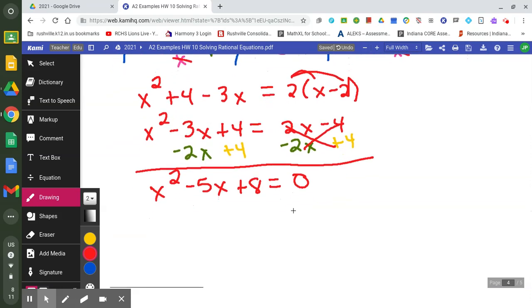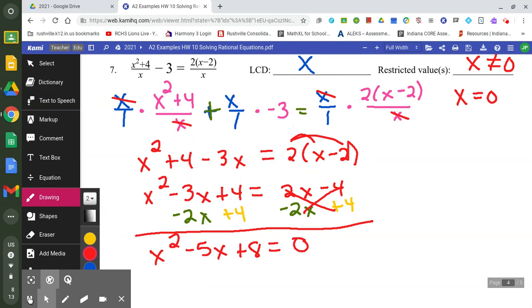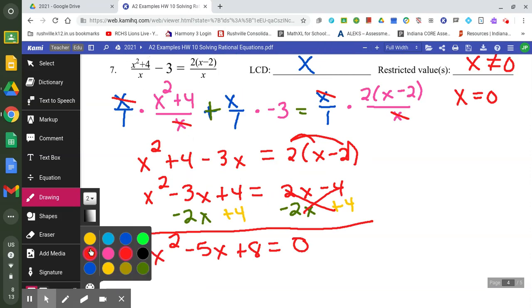I actually think that this probably should have been a minus 4. So I'm going to make this a negative 4, which makes this a negative 4, which makes this a negative 4.